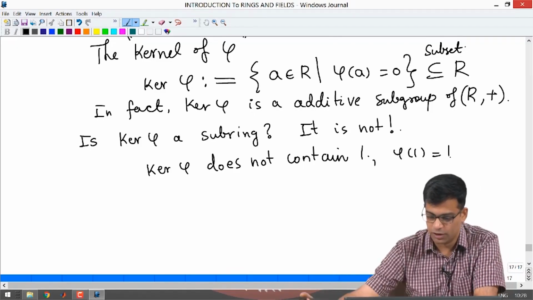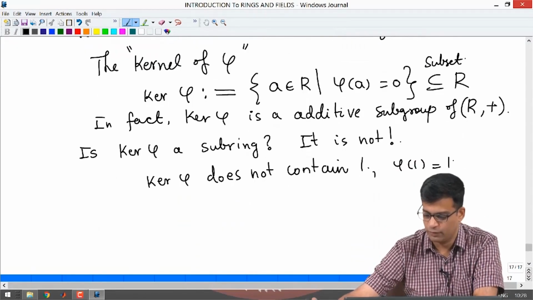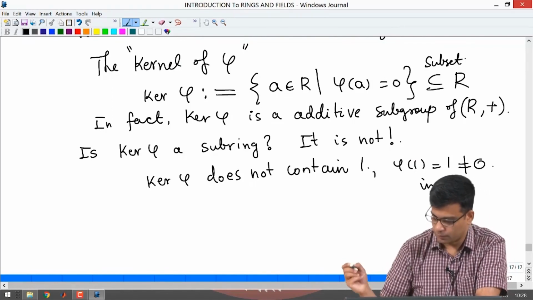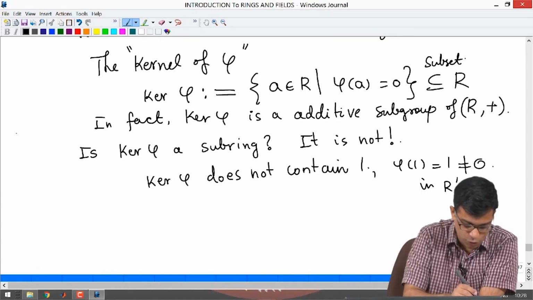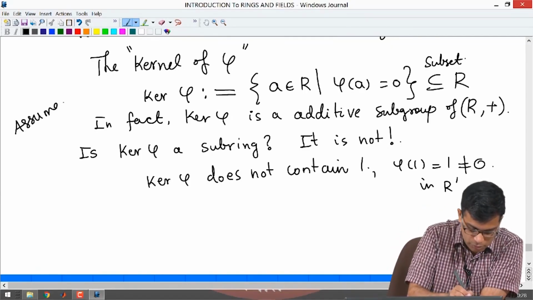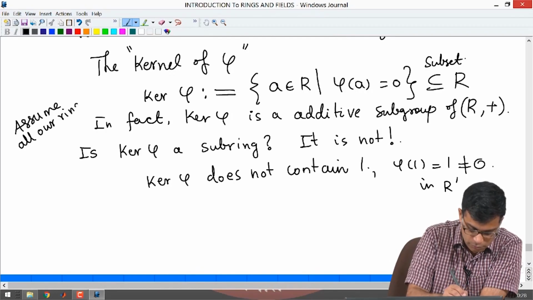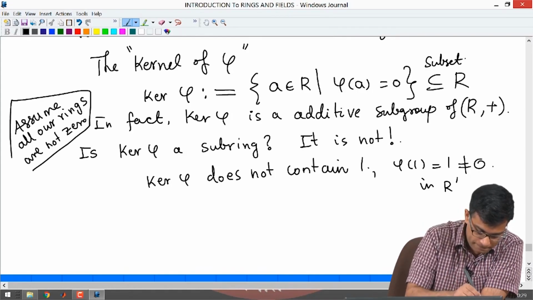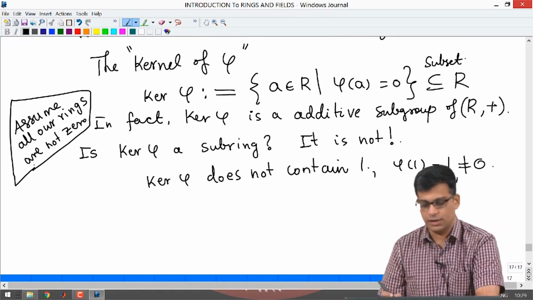By definition, phi of 1 is 1, and I am assuming as always that 1 is not 0 in R prime. We always assume all our rings are not 0, so there are at least 2 elements, 1 and 0, and they are distinct.